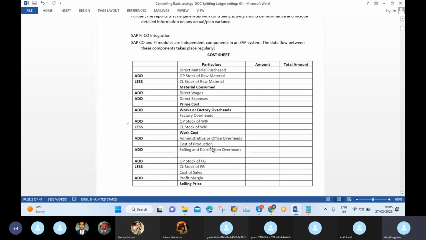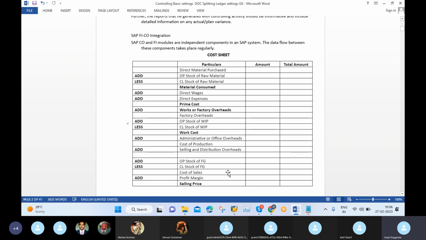If you add all these things, then the final thing is cost of sales. This is also very important for cash flow, especially the entry will be cost of goods sold account debit to finished goods account, or cost of goods sold account debit to inventory account. At the time of delivery, you get the entry up to this point, finished goods.